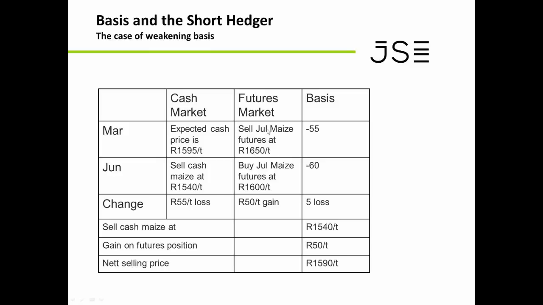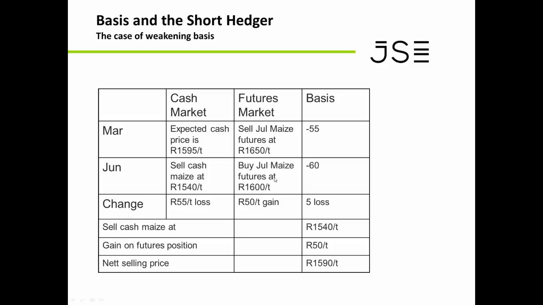As a farmer, I sold my position on the futures market at 1650 and I bought it back at 1600. But let's see what the expected cash price would be. In this case, again, it would be this minus that 55 would give me 1595, similar to the previous slide.